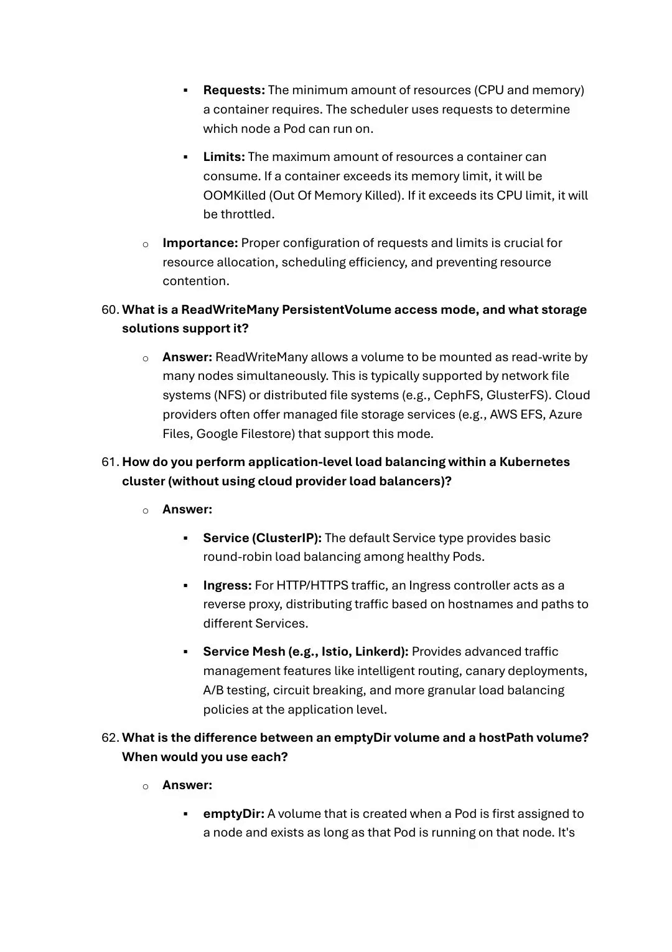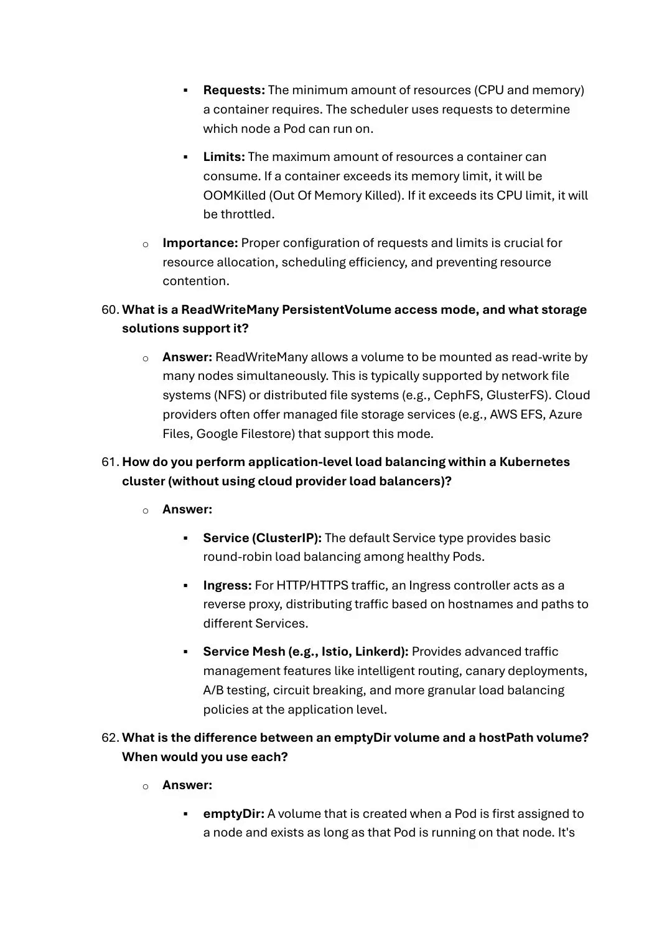Ingress: for HTTP/HTTPS traffic, an Ingress controller acts as a reverse proxy, distributing traffic based on host names and paths to different services. Service mesh, for example Istio, Linkerd, provides advanced traffic management features like intelligent routing, canary deployments, A/B testing, circuit breaking, and more granular load balancing policies at the application level.